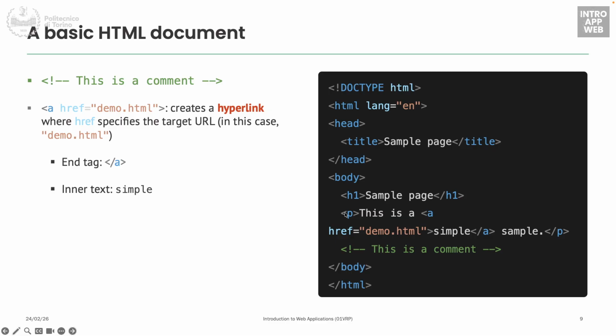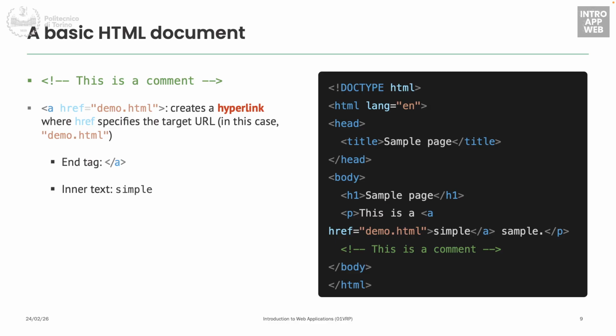How do you think this will look? I mean, this paragraph, how will it change by adding this A tag? It will have a link, okay? And what's going to be the link? What's the content of the link, let's say?